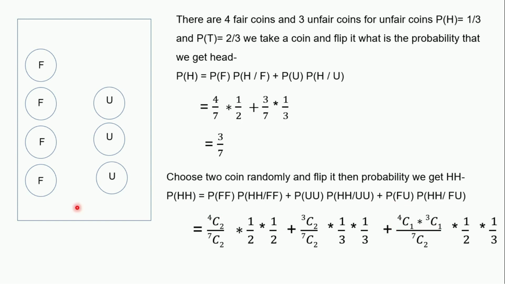And in total we are selecting 2 coins among the total sample space, meaning among the 7 coins. Therefore we write 7c2 here. And the probability that we get head, given that we flipped a fair coin, is 1 by 2, and the probability that we get head, given that we flipped an unfair coin, is 1 by 3. Therefore we write it here. That's how we solve this type of question.